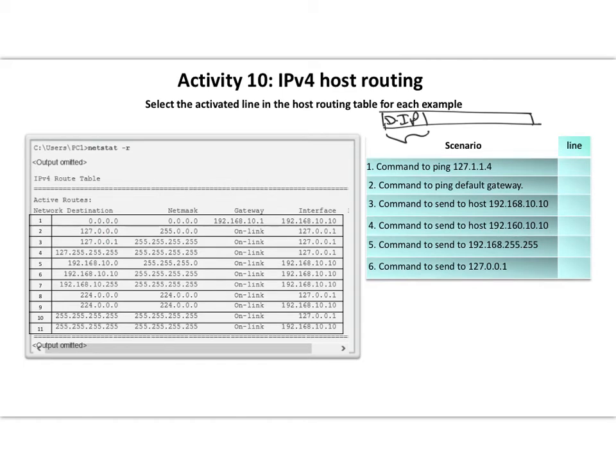Let's have an example. Let's say the destination IP address is 127.0.0.1. This is clearly a loopback address, as we have discussed last time. The loopback address should stay in the host and never exit any interface, never exit the host interface.